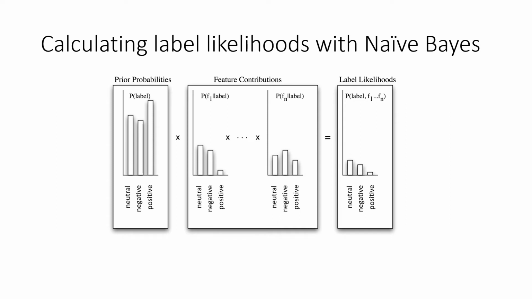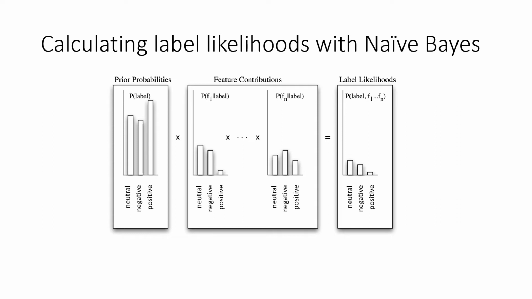For example, if the word cloud occurs in 25% of the neutral documents, 11% of the negative documents and 1% of the positive documents, then the likelihood score for the neutral label will be multiplied by 0.25, the likelihood score for the negative label will be multiplied by 0.11, and the likelihood score for the positive label will be multiplied by 0.01.